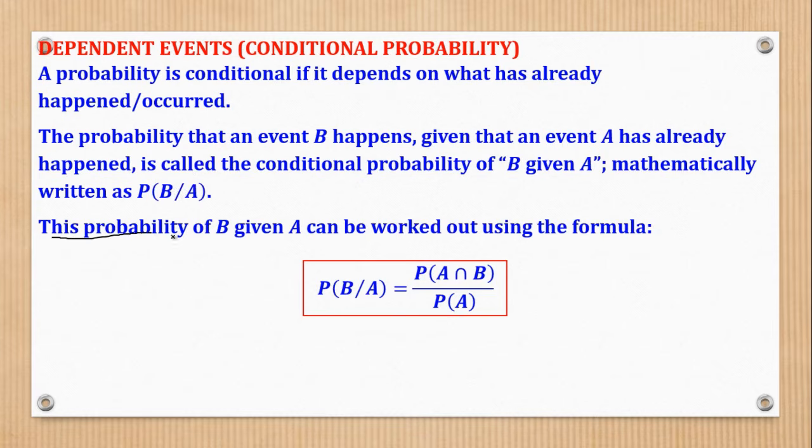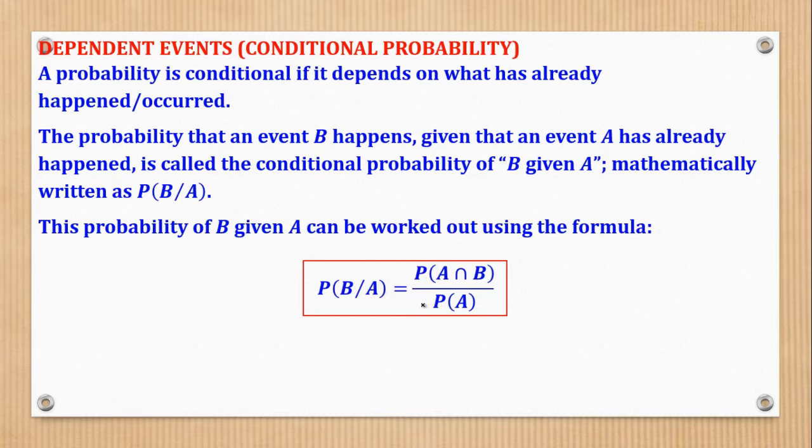So this probability of B given A can be worked out using the formula that probability of B given A is equal to probability of A intersection B over probability of A. So the good thing is that this formula is also available in your mathematical logbook. But what you should remember is that the numerator is the intersection of these two events, and the denominator is the probability of what has already occurred.